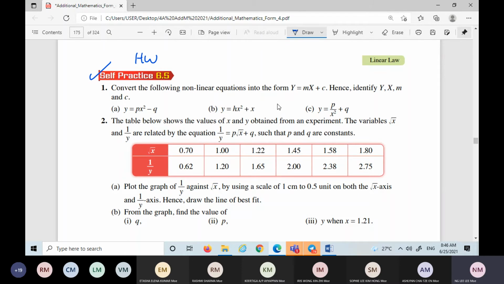If you do look, just look at what is capital letter Y and capital letter X. That is a clue for you only. Don't copy exactly. The steps you still have to show me.